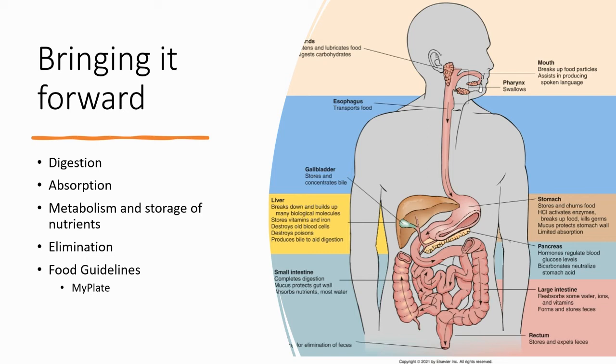Now, you all have had physiology, and you are probably pretty familiar with how the body ingests nutrition, breaks it down, absorbs it, and eliminates it. So let's just quickly go through each of these steps. With digestion, we're mechanically breaking down that food.